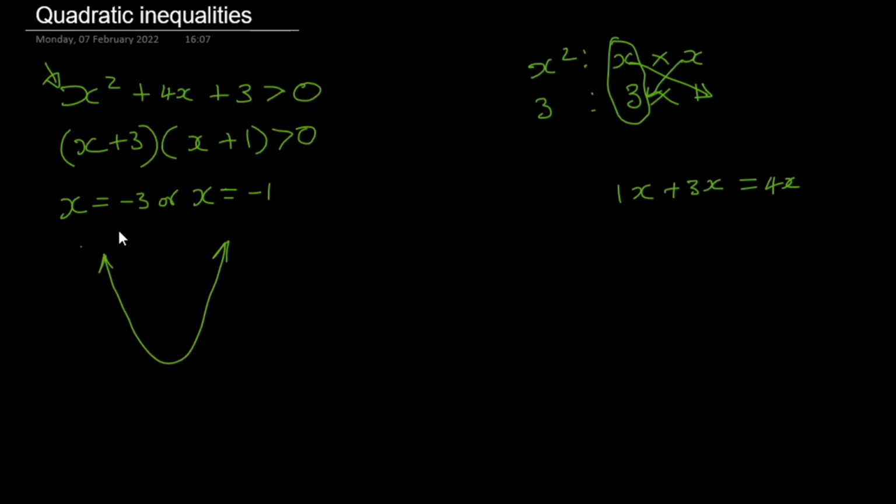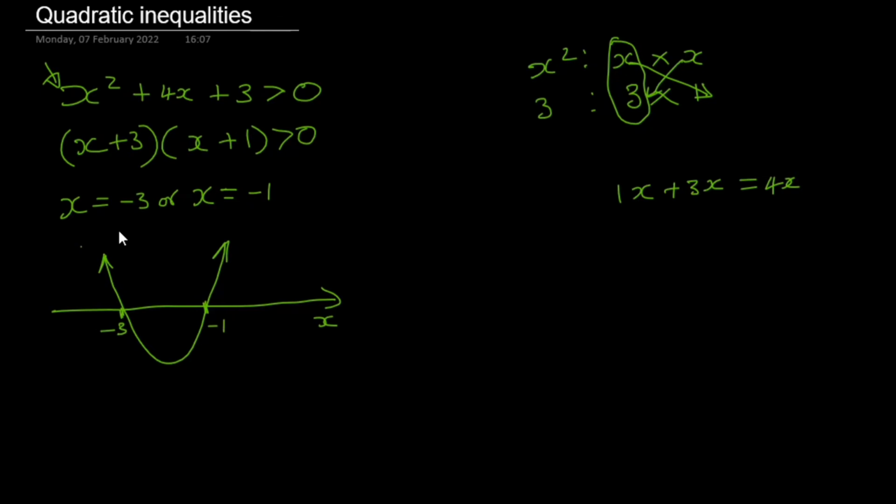Now that I know it's a smiley, since I found the roots, I'm going to draw only the x-axis across my smiley. So there's my x-axis. It means that graph is cutting the x-axis at one value of minus 3, and another value of minus 1.